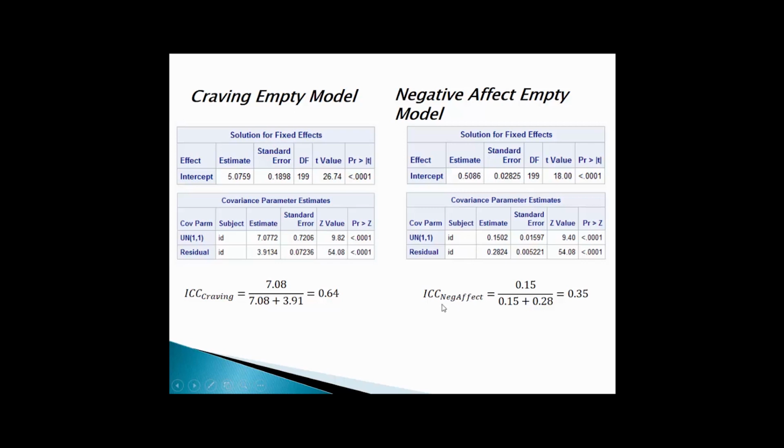And if I calculate the ICC for negative affect, I find an ICC of about 0.35. So that's telling me that 35% of the variance in negative affect is at the between person level. And it's also telling me that in both our independent and dependent variable, we are seeing significant between and within person variance. And this is going to become important when we go to model the relationships at both levels.